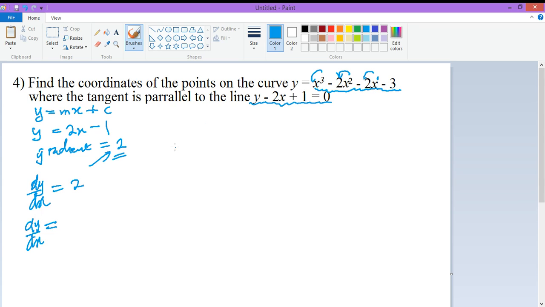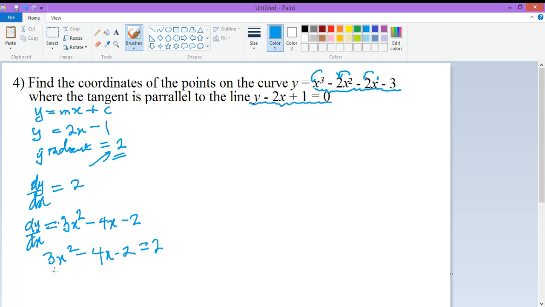Constant term will always drop. So this is going to give us 3x squared minus 4x minus 2. So our 3x squared minus 4x minus 2 will give us 2.